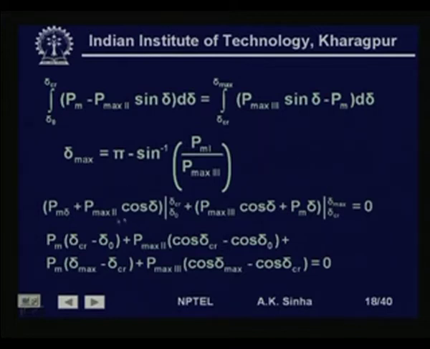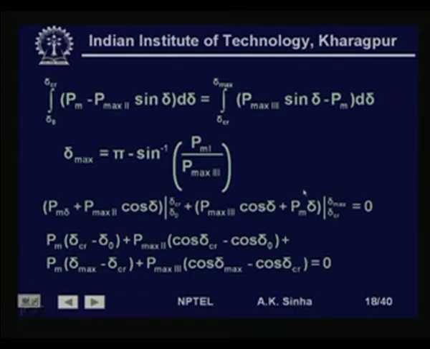So, we substitute these values. We will get Pm into delta critical minus delta 0 when we substitute the limits, plus Pmax2 cos delta critical minus cos delta 0, plus Pmax3 cos delta max minus cos delta critical, and plus Pm into delta max minus delta critical, this will be equal to 0.